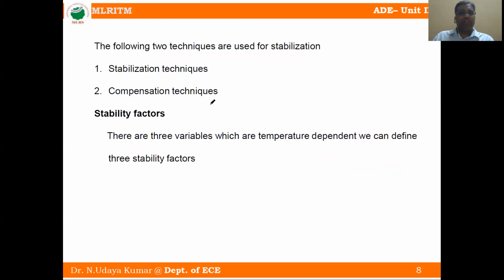These can be minimized by using stabilization techniques. There are two things: one is the stabilization technique, the other is the compensation technique. So first of all, what do you mean by stabilization techniques?